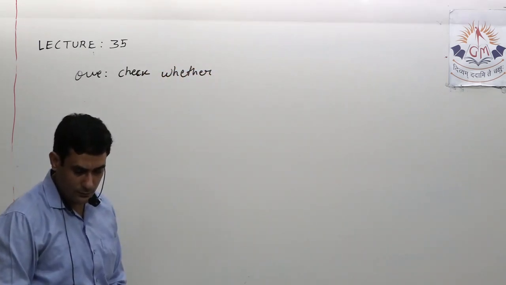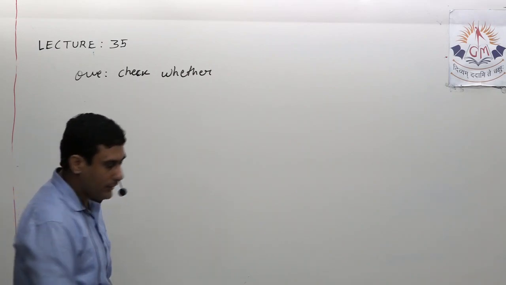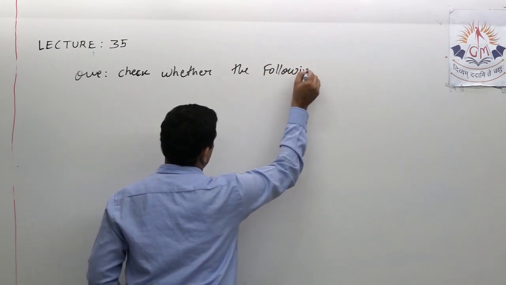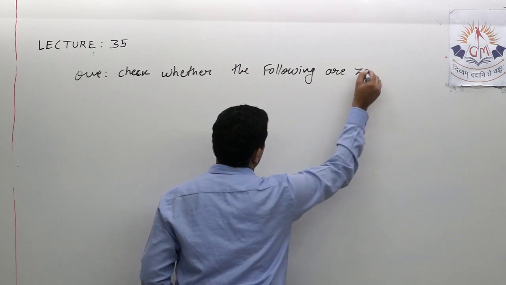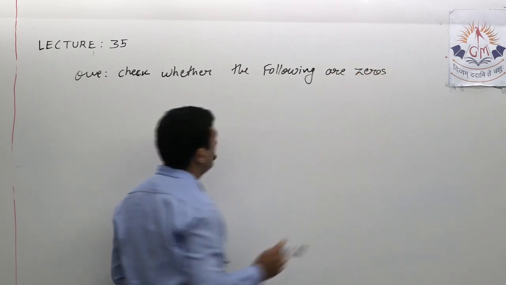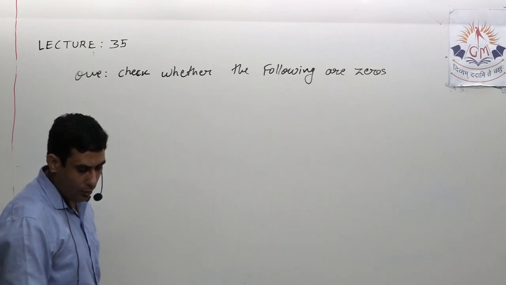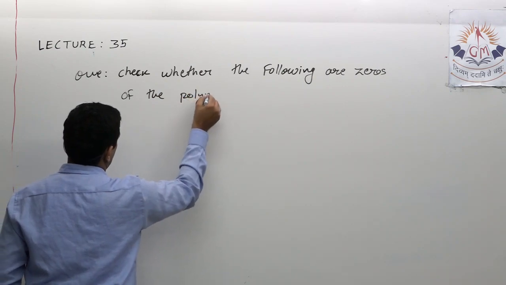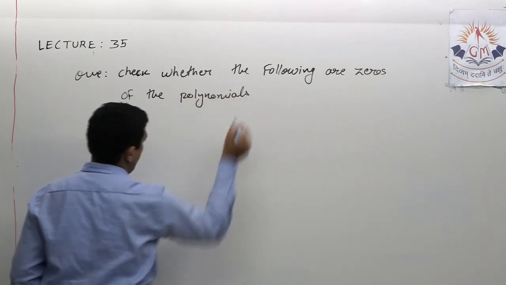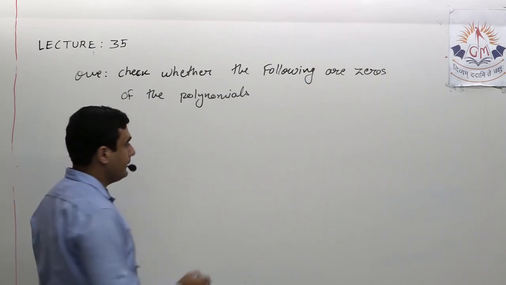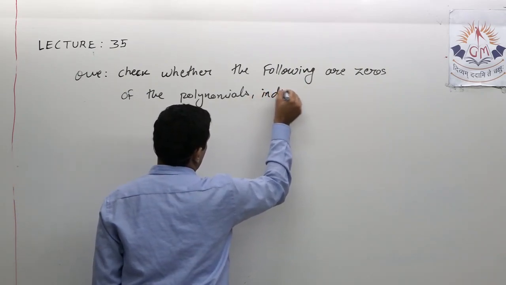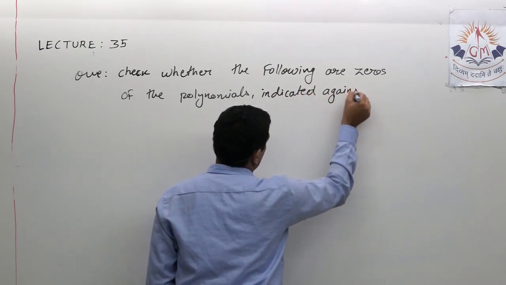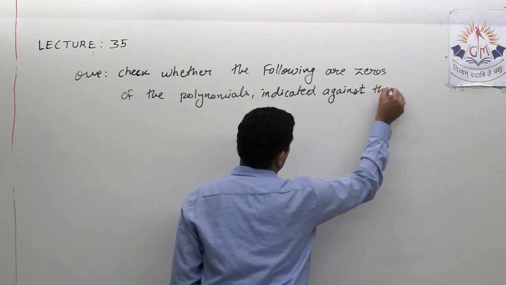Check whether the following are zeros of the polynomials indicated against them.